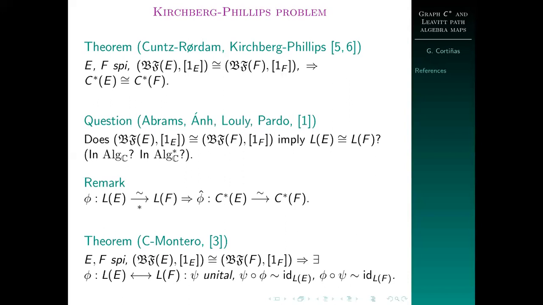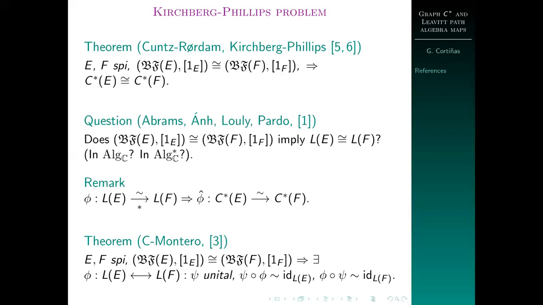So what do I mean by that? Well, there are algebra homomorphisms from LE to LF and back, which are unital and which compose not to the identity maps, but to maps homotopic to the identity.